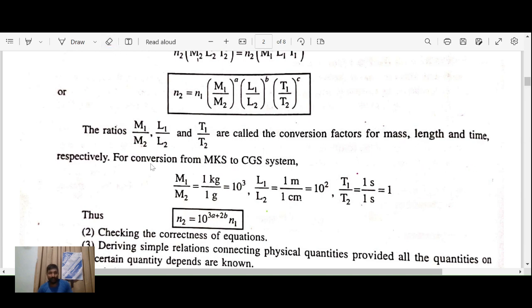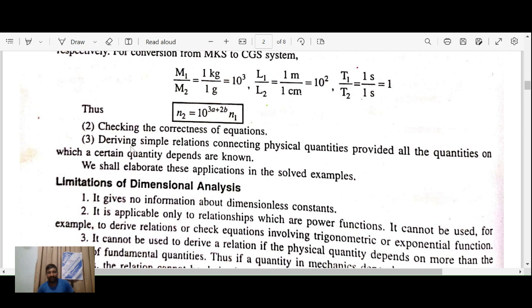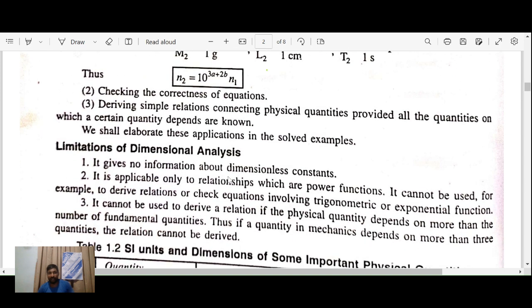Let's see whether each is true or false. The third one is deriving simple relations connecting physical quantities, provided all the quantities on which a certain quantity depends are known. We shall elaborate these applications in solved examples in future. I'm going to discuss those things separately.